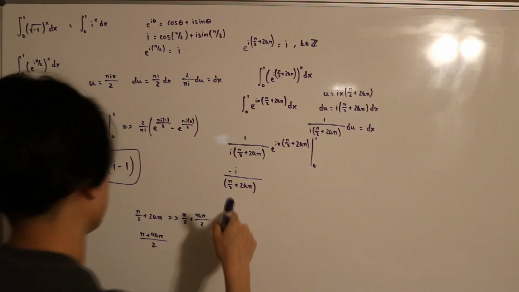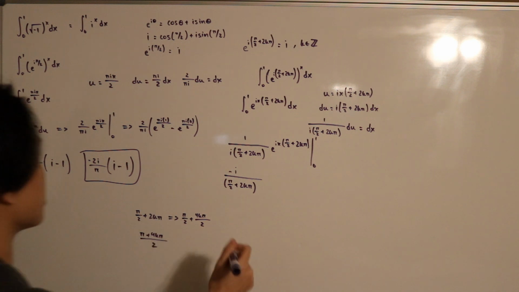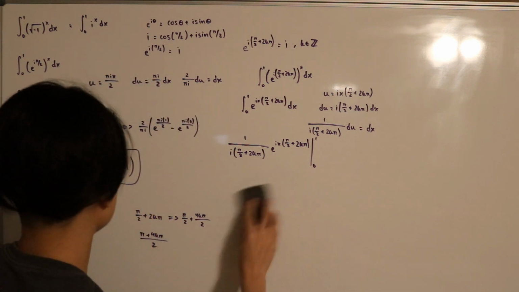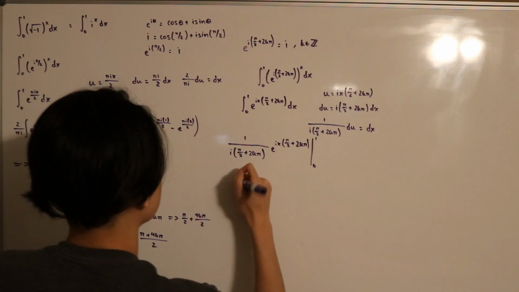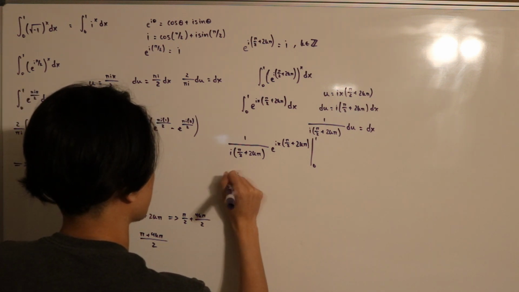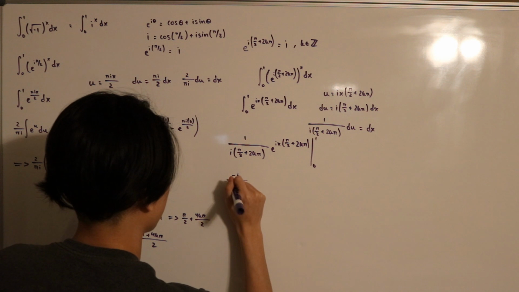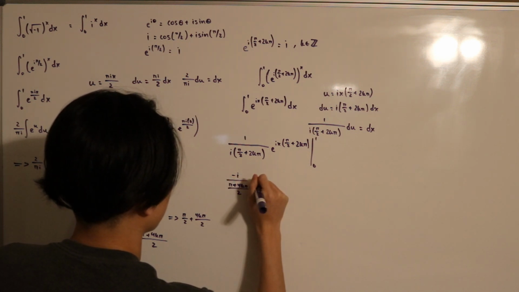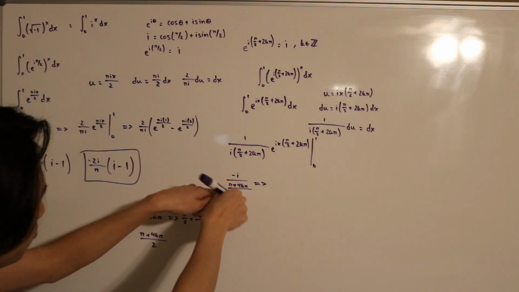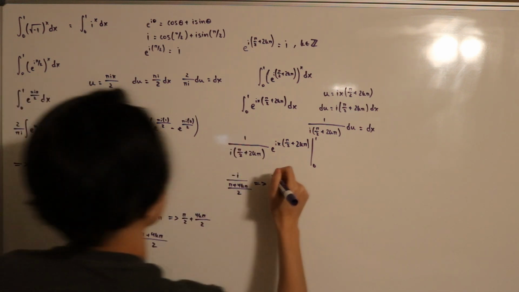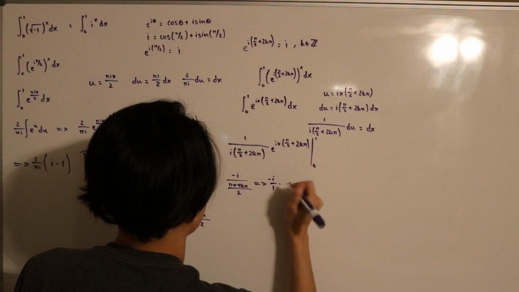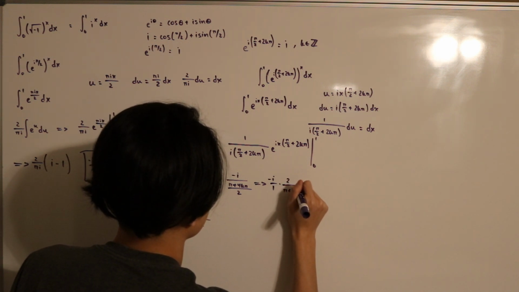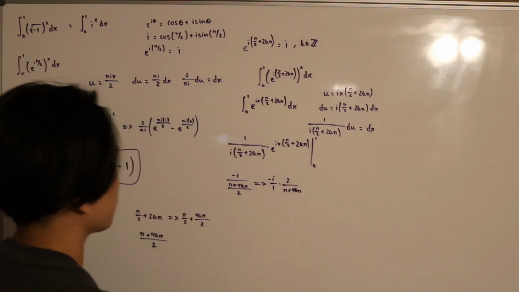And then let's replace this. Let me erase this first. So this will be negative i times (pi plus 4k pi) divided by 2. When we're dividing by a fraction, just flip the reciprocal, so it would be negative i over 1 times 2 over pi plus 4k pi.